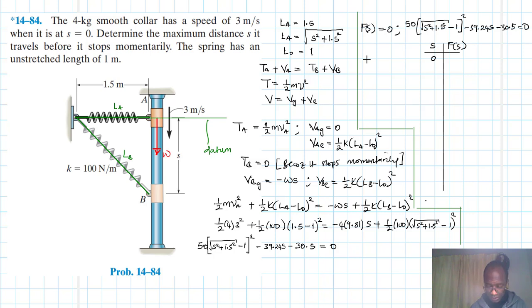Then I say minus 1. I close, then square root, then minus 39.24 times that minus 30.5. So this just gives us a minus 18.